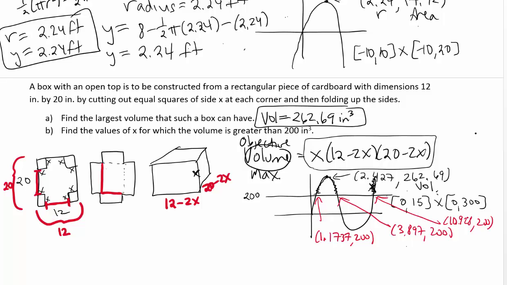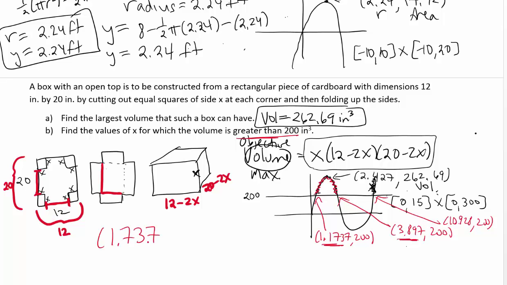So in terms of where this graph is above 200, all of these x's would be from 1.1737 up to 3.897. And we want to be strictly greater than 200, so I don't want to use those endpoints. I want to use parentheses instead of brackets.